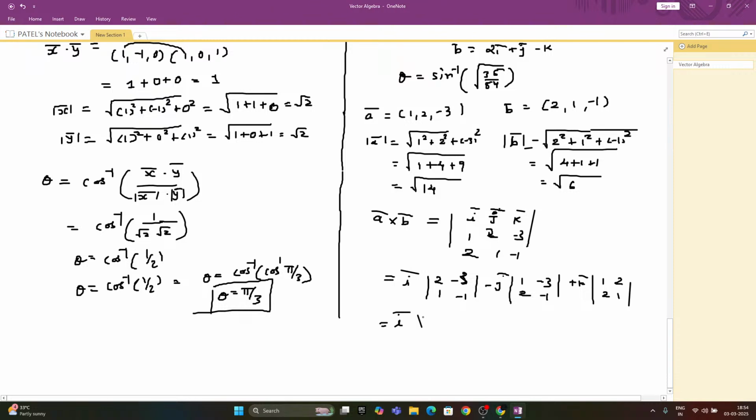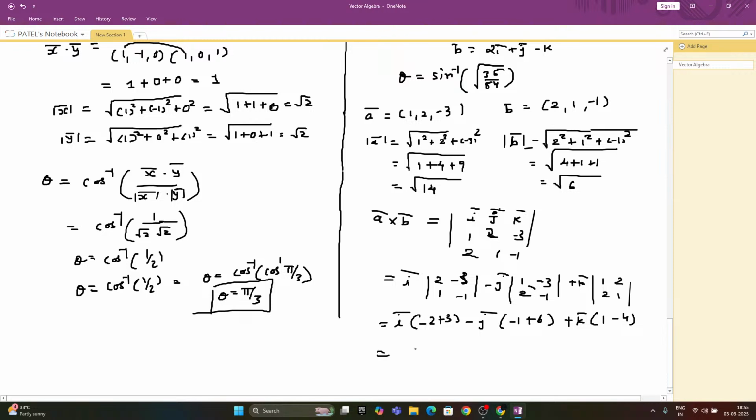I, simplification. Minus 2 plus 3, minus J bar. 1 into minus 1 is minus 1. Minus of minus 6. Okay. So I can write minus 6 as plus 6 because we have two minus. One is for formula and 1 into 1 it is 1 minus 4.